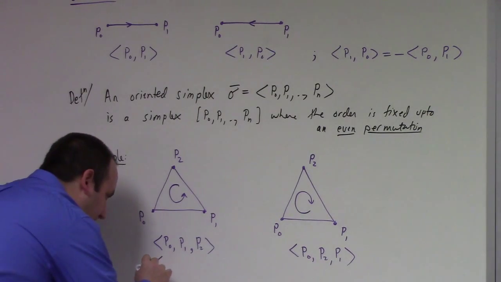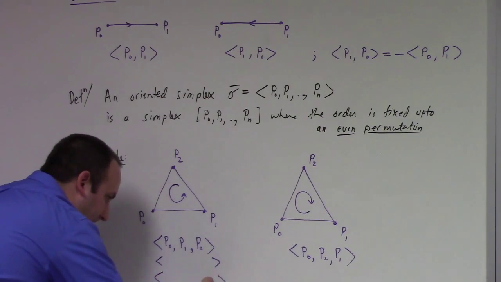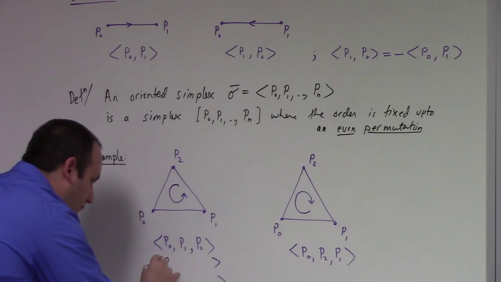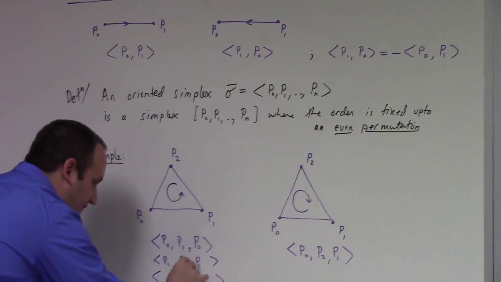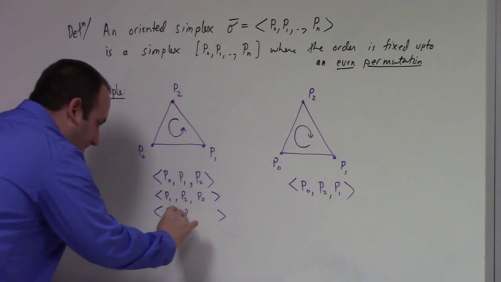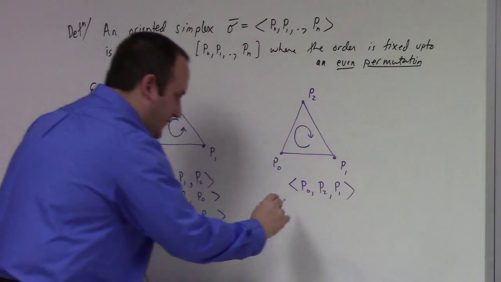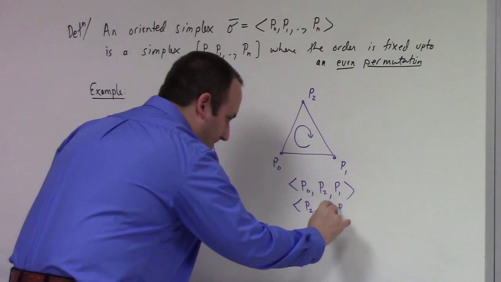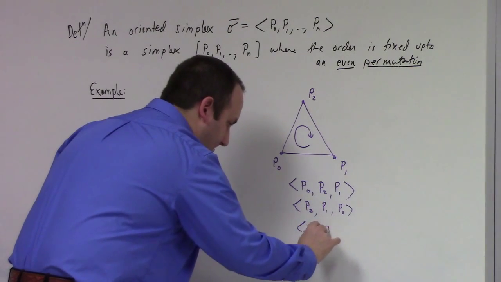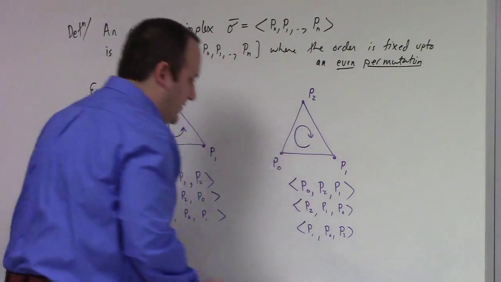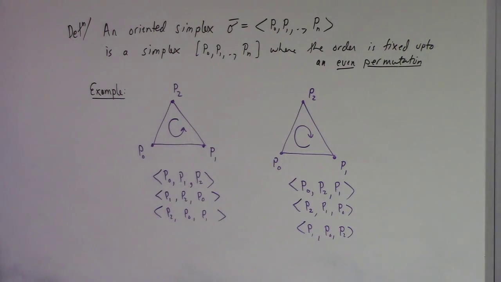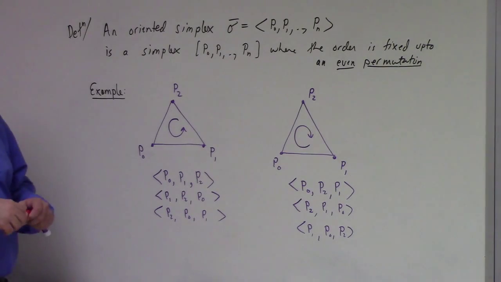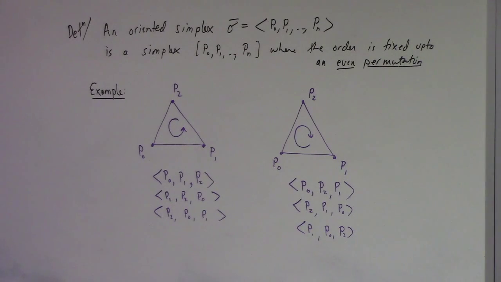What else could you write here? 1, 2, 0. And what else? All right, and over here we could do the same. Very good. And if I wanted to connect these two, what would I do? There are two choices of orientation for a given simplex.